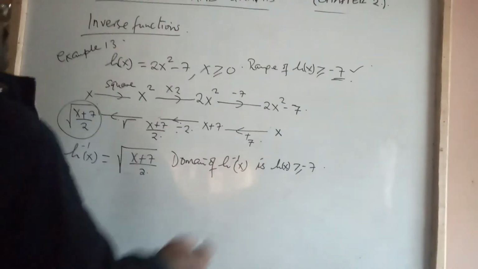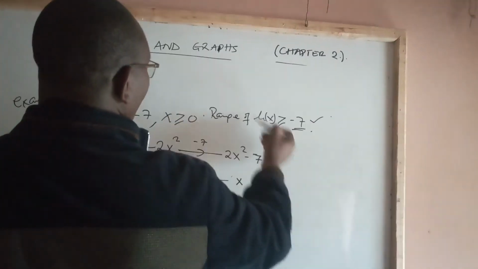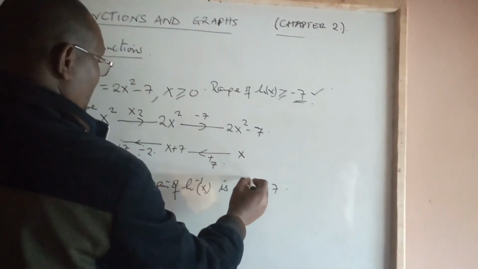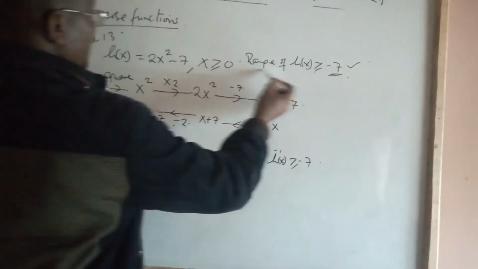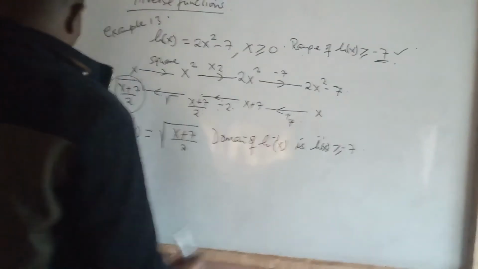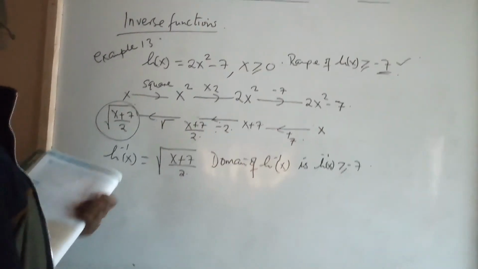Why? Because the range of the original function becomes the domain of the inverse function. And that is as far as example 13 is concerned.